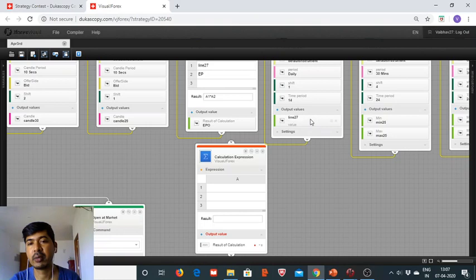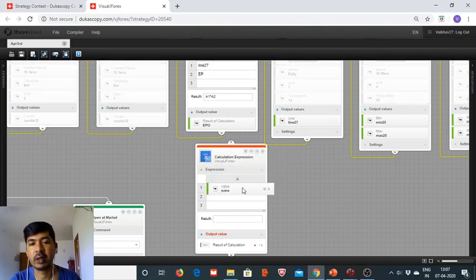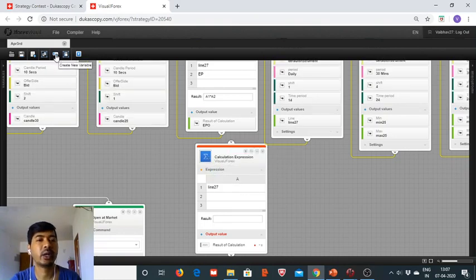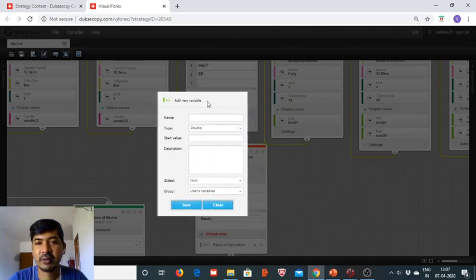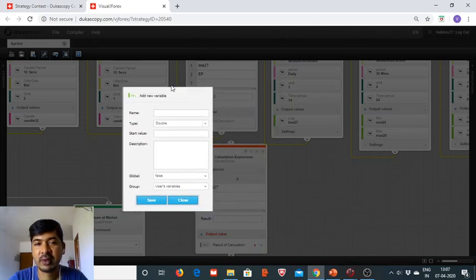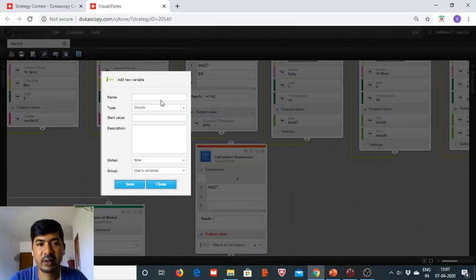We have line 27, this is our ATR. We multiply it, we create a new variable, and the new variable's name will be, you can suggest if you want, let us say SLE, stop loss execution, SLE, and 0.5.